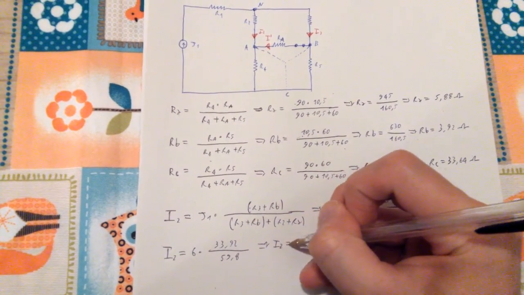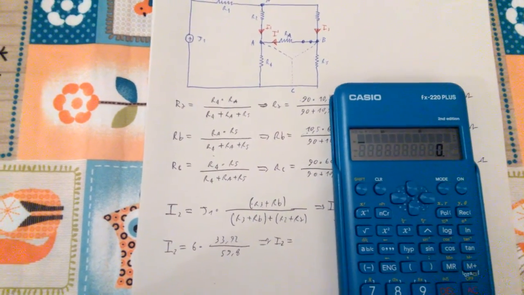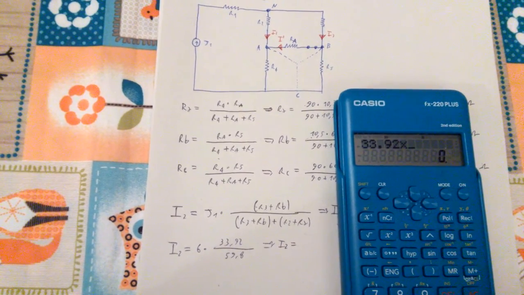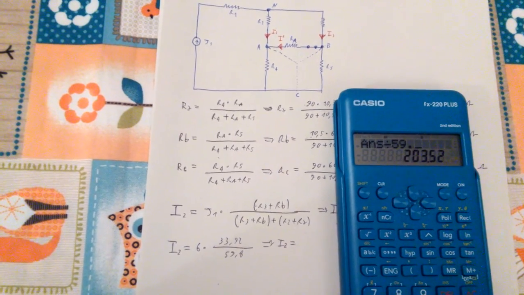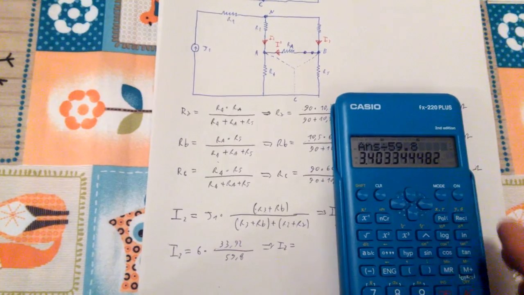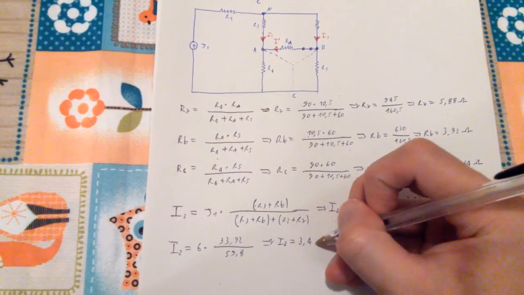So I2 will be 33.92 times 6, everything over 59.8, which is 3.40. I'm just going to write 3.4 amps.